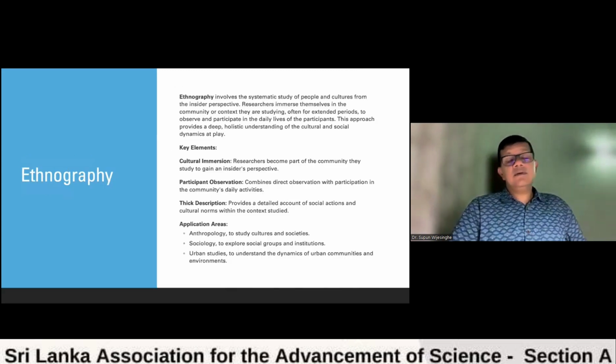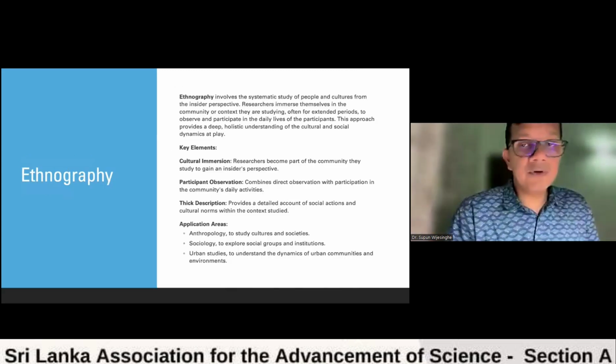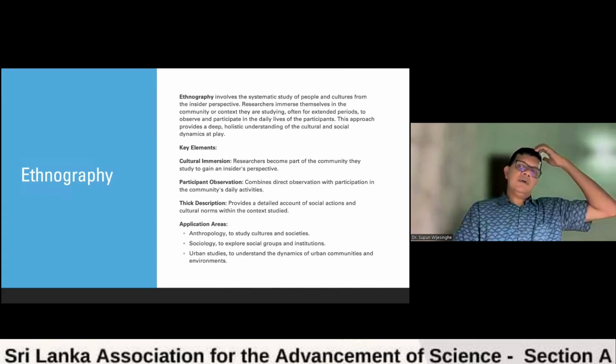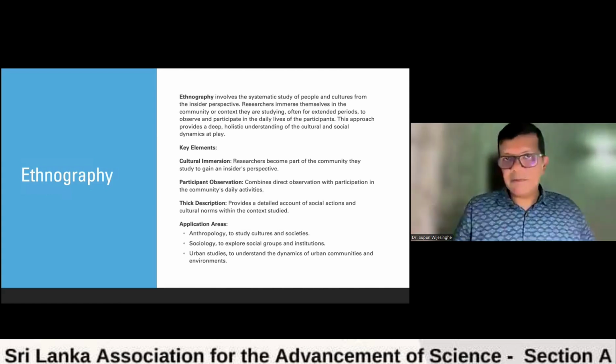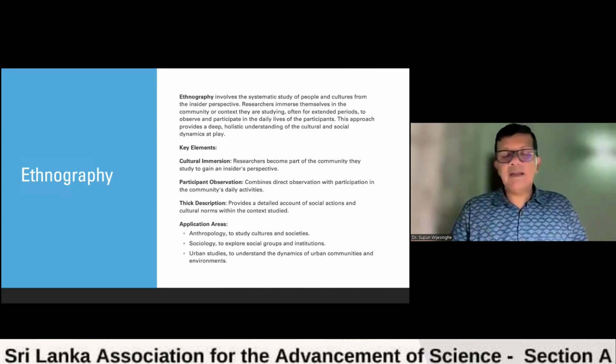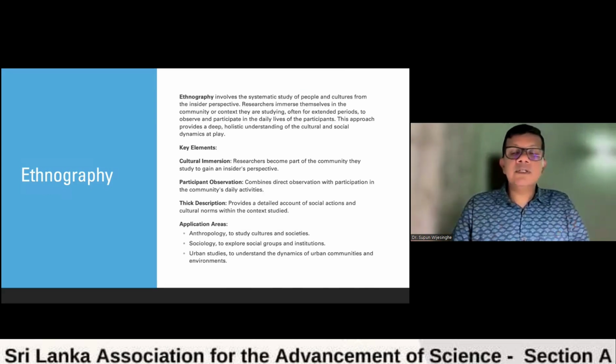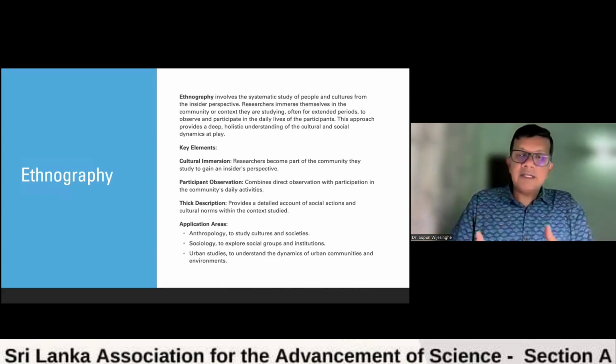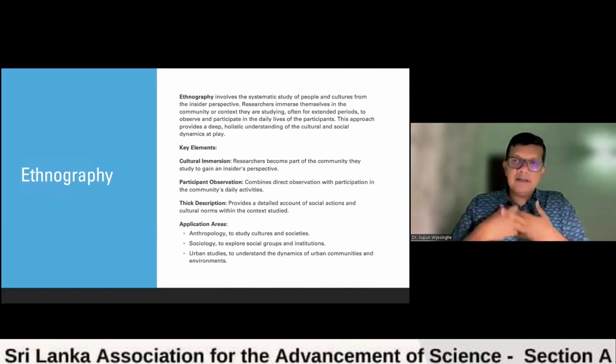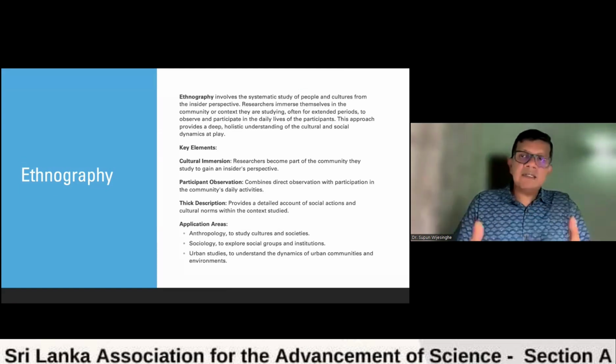The last, or one before the last, is ethnography. Now, ethnography involves the study of culture, a systematic study of people and culture and how they behave, like ethnic groups. You can study a state sector, how they feed their children, how their healthy behaviors are, how their vaccine behaviors, anti-vaxxers, and all these things.